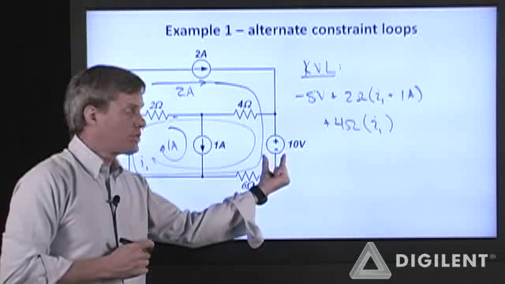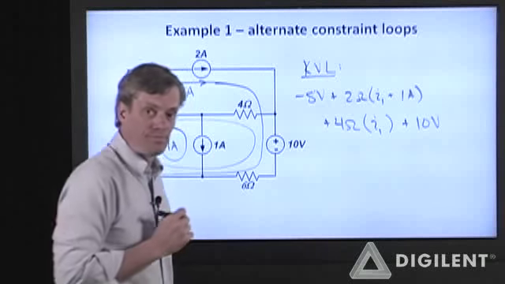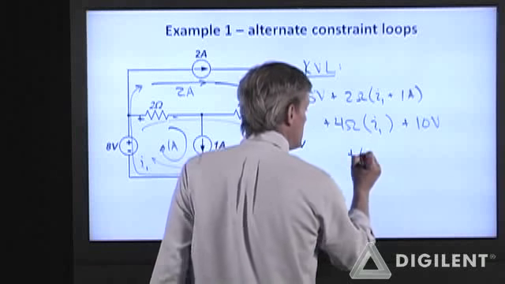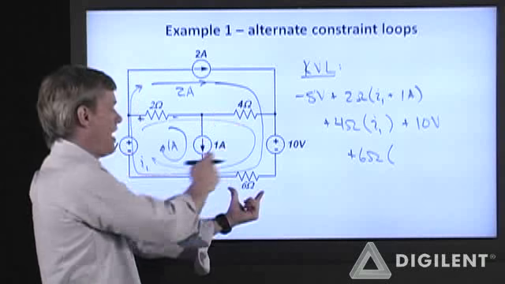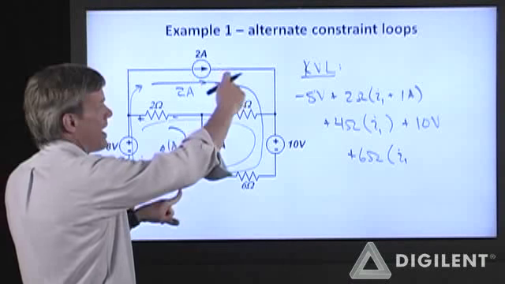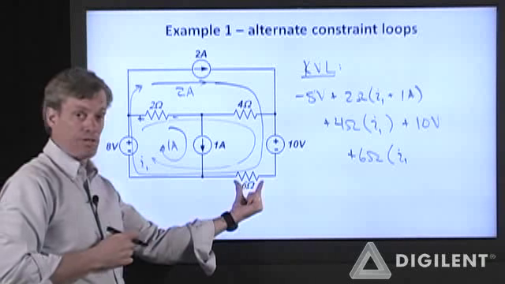Hitting this voltage source, I see the positive terminal first, plus 10 volts, and then this 6 ohm resistance times its total current. I have I1 going through that resistor. And now I have this 2 amp constrained current also going through this resistor.